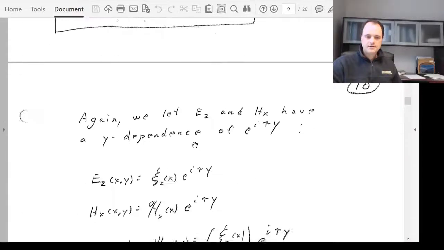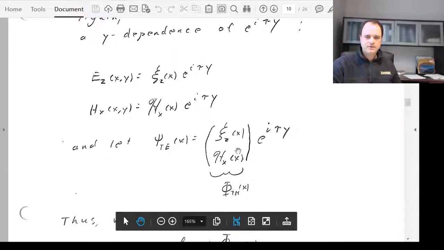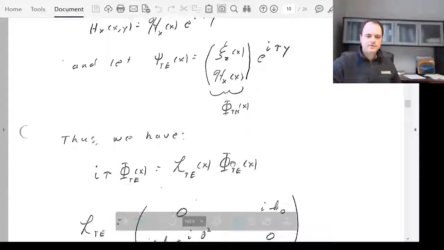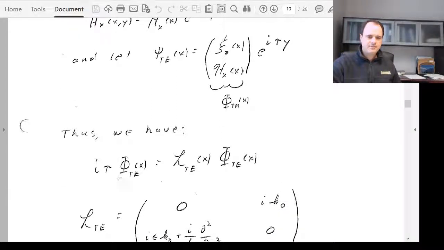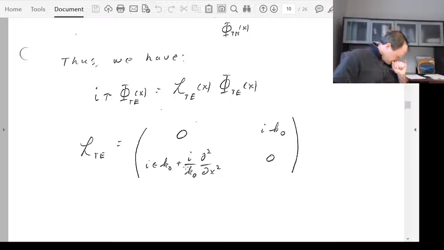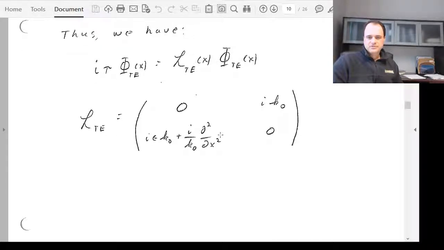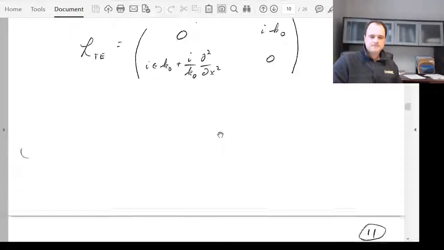All right, and this is what we have. Again, we let the fields have a y dependence of this. We can combine these two functions into a matrix function like this, one on top of the other. And then we can express that equation taking the partial with respect to y on the left-hand side to get this right here. And this is, again, a matrix of functions, a matrix of operators.